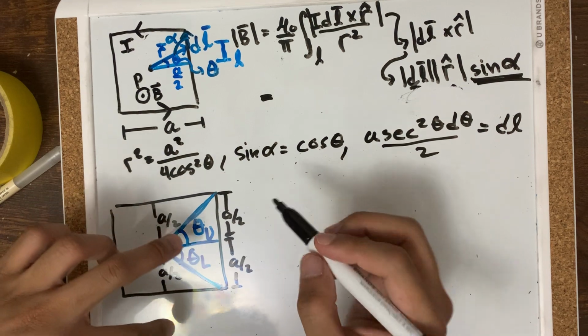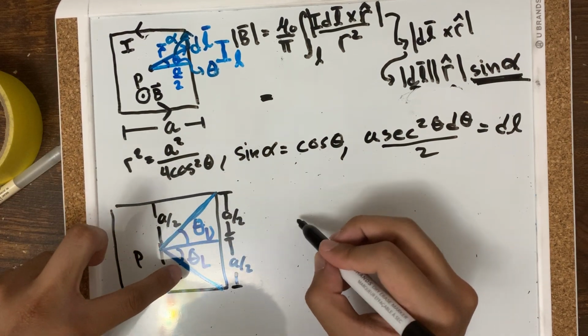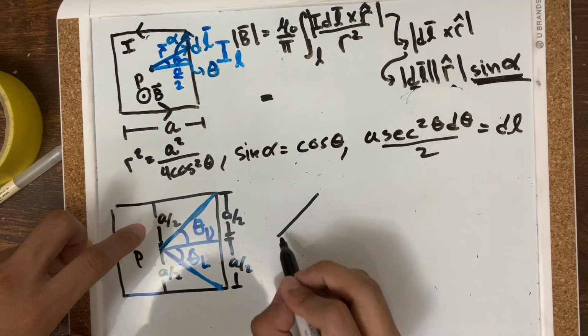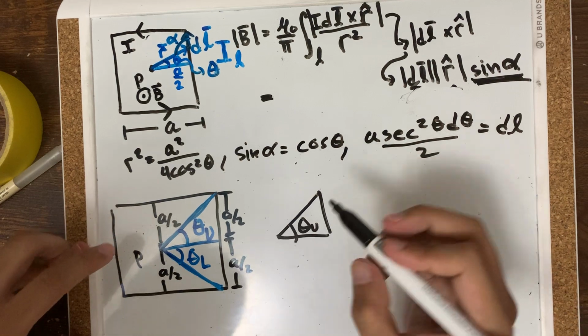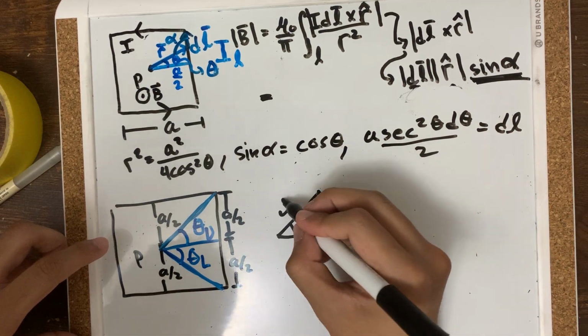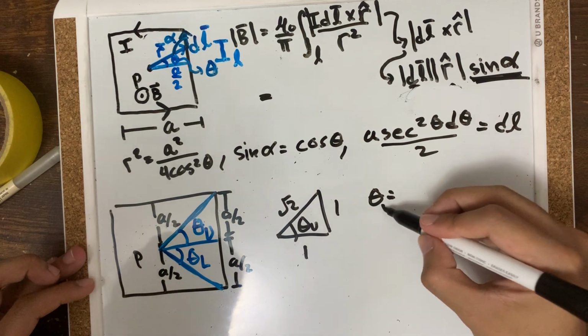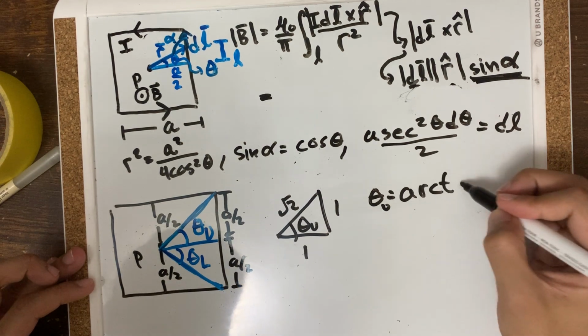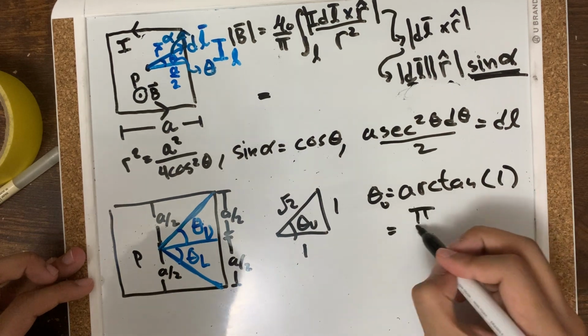These two are both 1, 1, root 2 triangles, so we can actually solve for theta U and theta L at the same time. Okay, so theta U is equal to 1 over 1. So we can just solve for theta U using arctan. Arctan of 1, which is pi over 4.